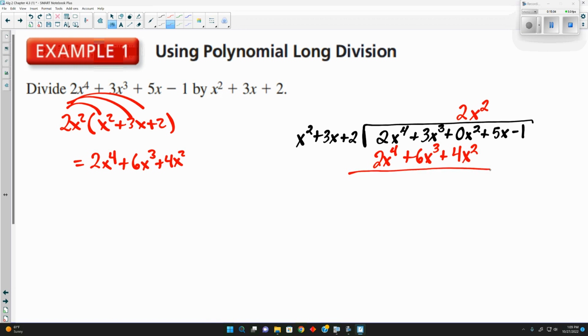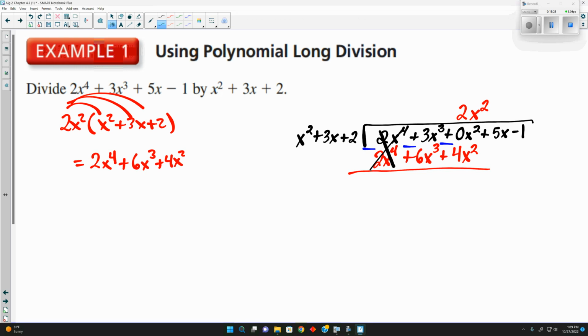And again, we're going to subtract. 2x to the fourth minus 2x to the fourth. It is 0. Our next one, we have 3x cubed minus 6x cubed.